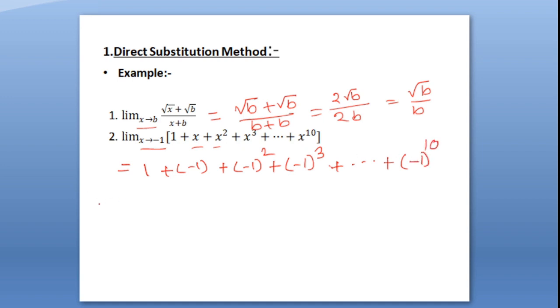As we know, if the power is even, it will be plus, and if the power is odd, it will be minus. That means 1 minus 1 plus 1 minus 1 plus 1. Since it is up to power 10, an even number, the terms cancel in pairs and the answer will be 1.